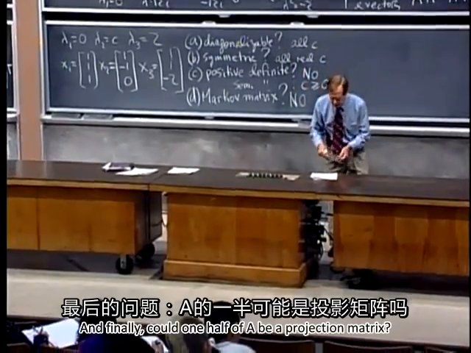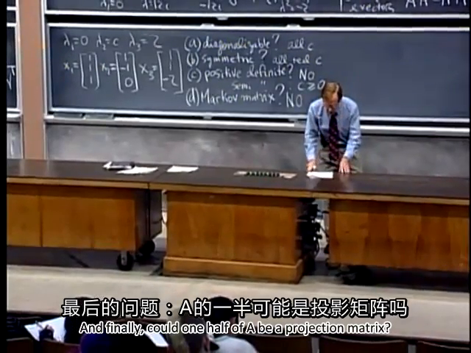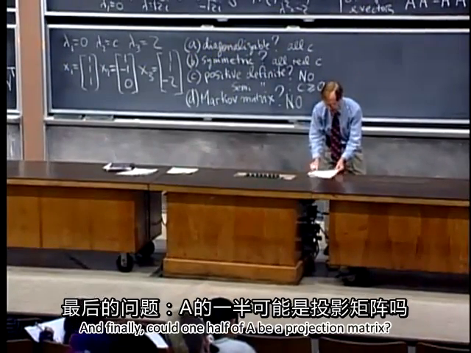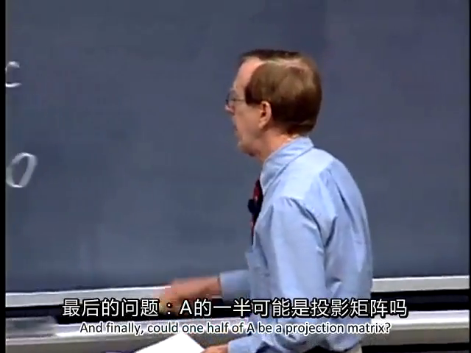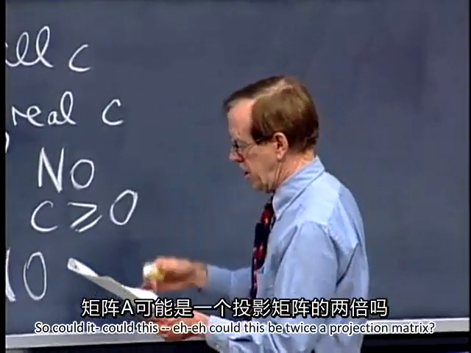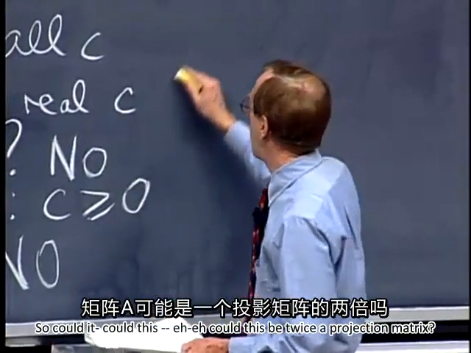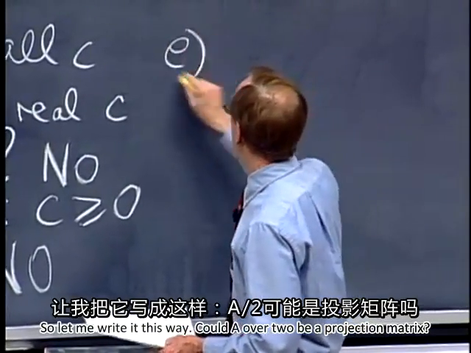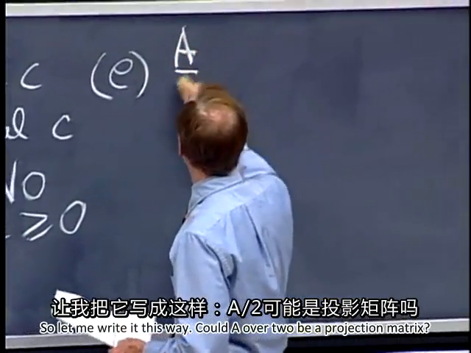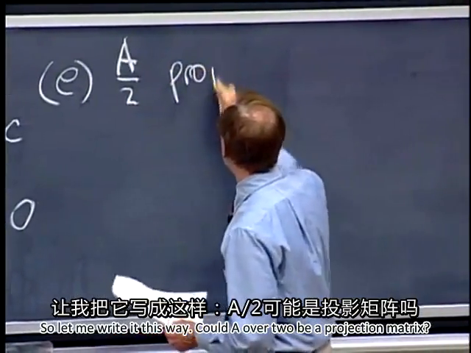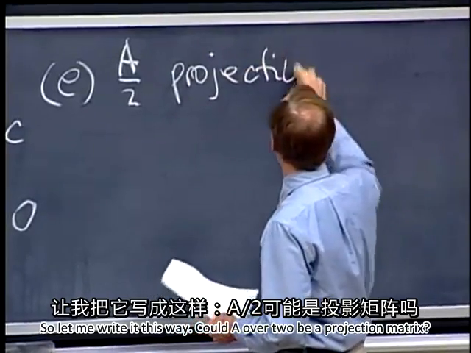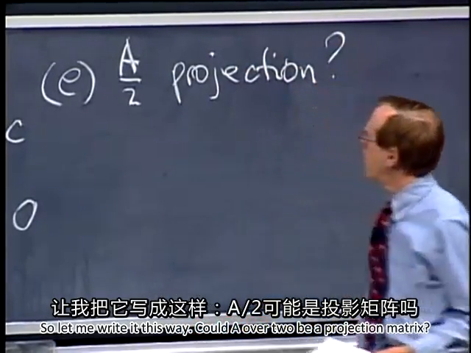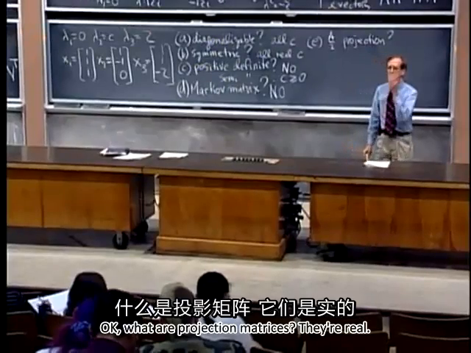Okay? And finally, could 1/2 of A be a projection matrix? So could this be twice a projection matrix? So let me write it this way. Could A over 2 be a projection matrix? Okay, what are projection matrices?